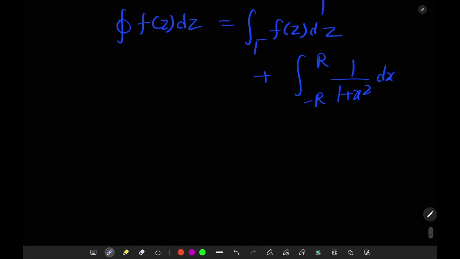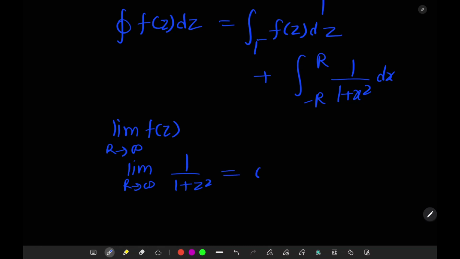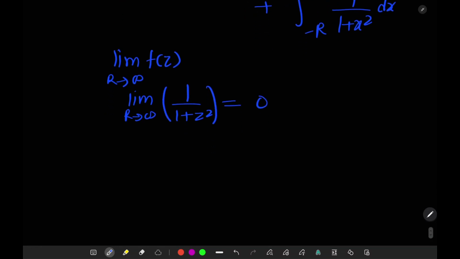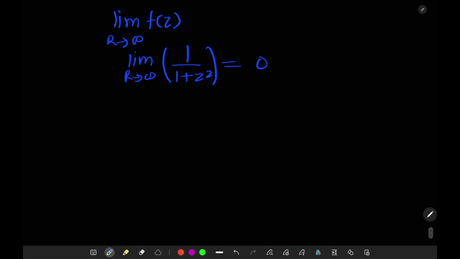First we need to find limit r tends to infinity of z f z, then limit r tends to infinity of z divided by 1 plus z square, 1 by z, is equals to 0. Now limit r tends to infinity of integral over semicircle f z dz is equals to 0.